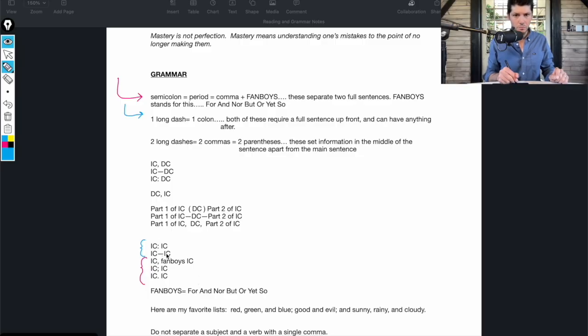And then the top two in blue here, they don't require a full sentence on both sides. Indeed, we saw, I'll use blue again, indeed we saw in our first set of clause combinations, an independent-dependent combination with long dash and colon. Here I have independent with long dash and colon.